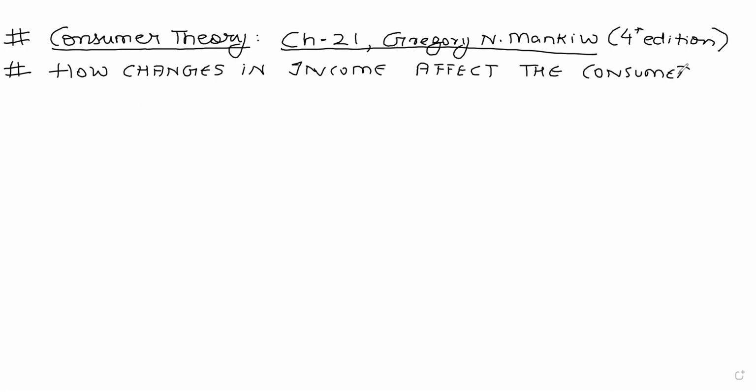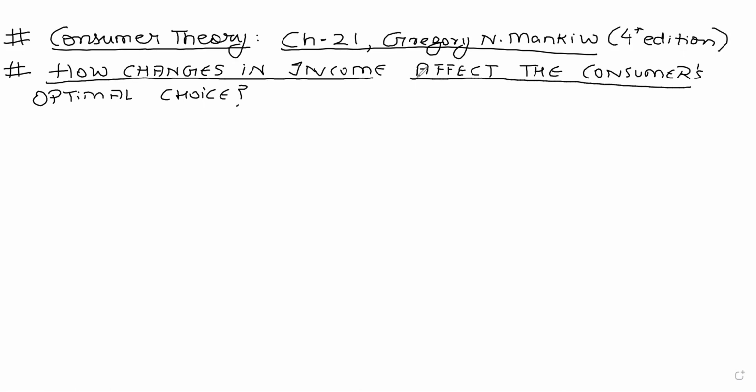So we will now look at what impact a change in income has on the optimal choice of the consumer. What will happen to the optimal choice of the consumer when income goes up and when income goes down?